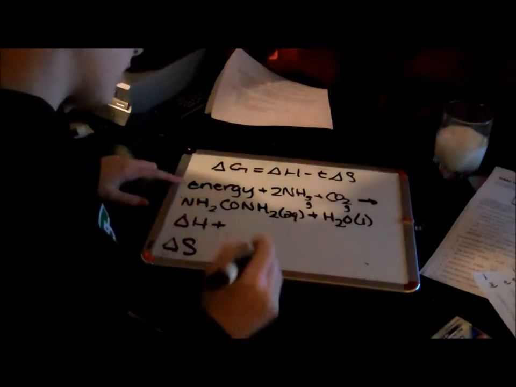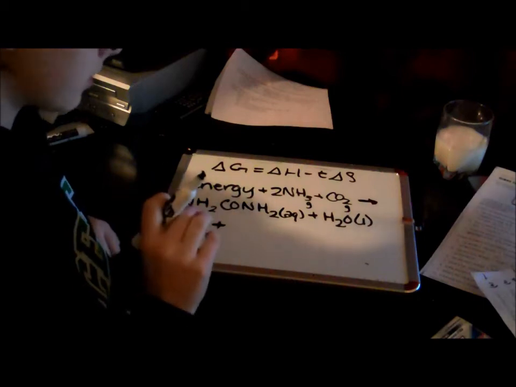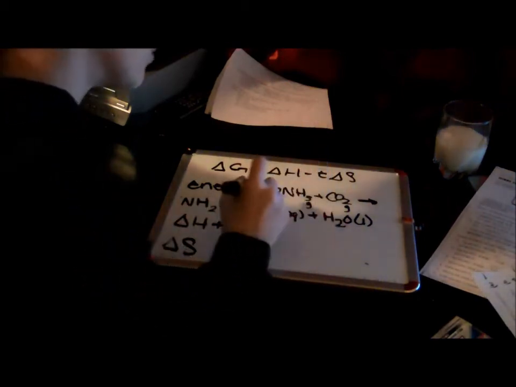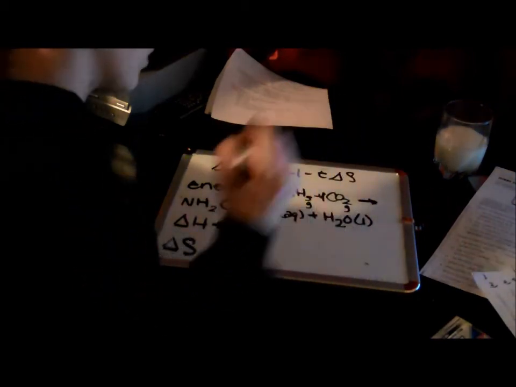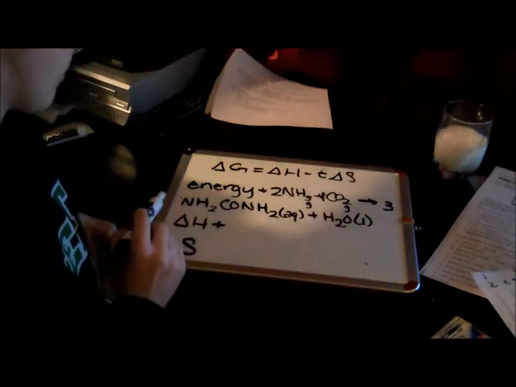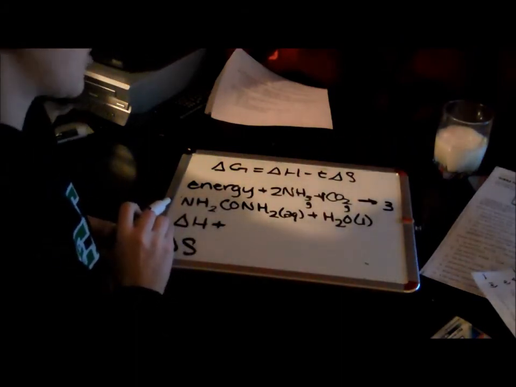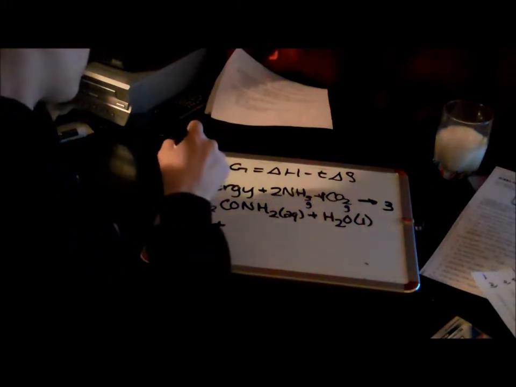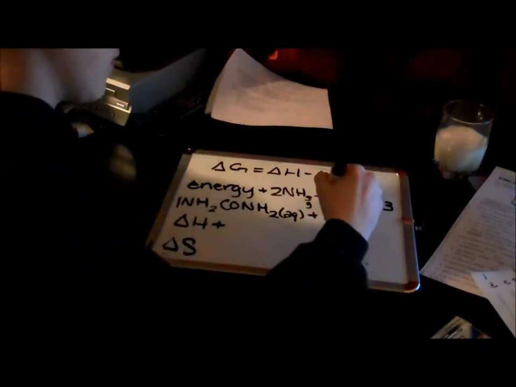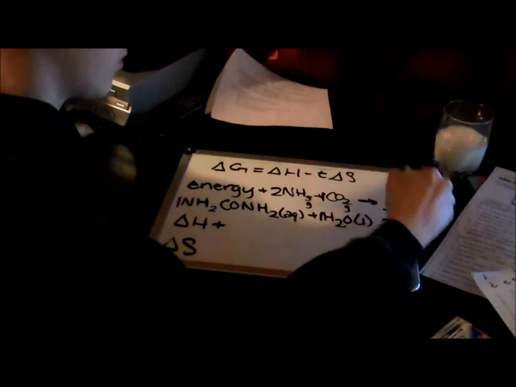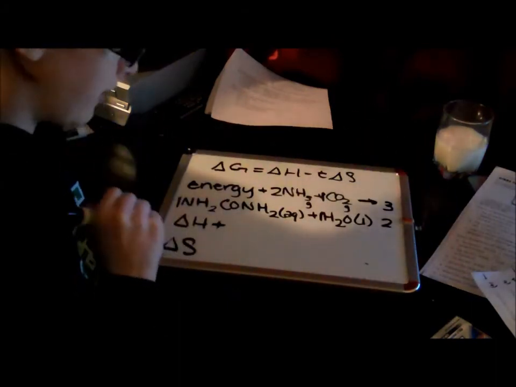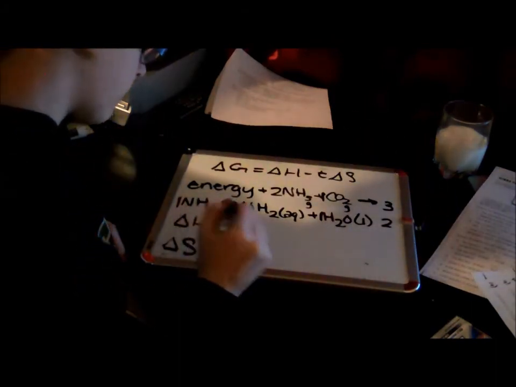Delta S, the randomness, is a little bit different now. We have 2 moles of NH3, 1 mole of CO2, it means we have 3. On the bottom here we have 1 mole of NH2CONH2 and 1 mole of H2O, which is 2. Well, in this one, the delta S is negative.